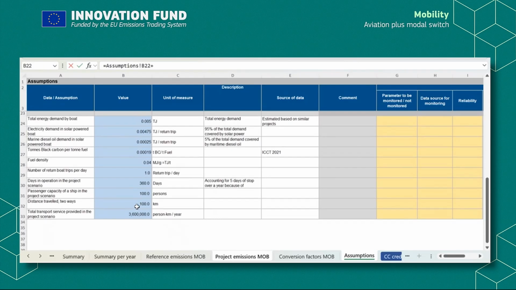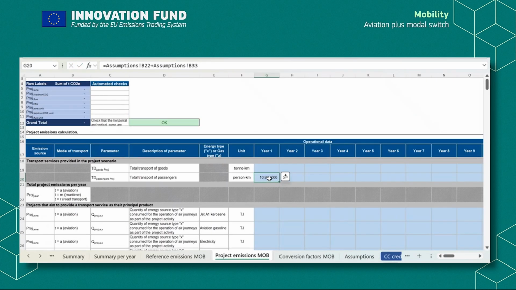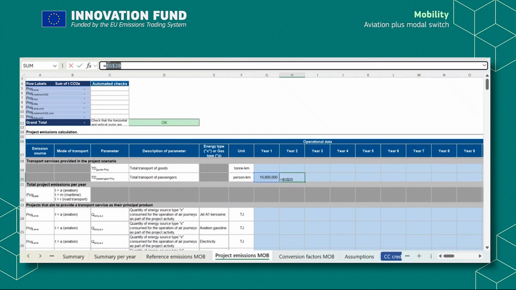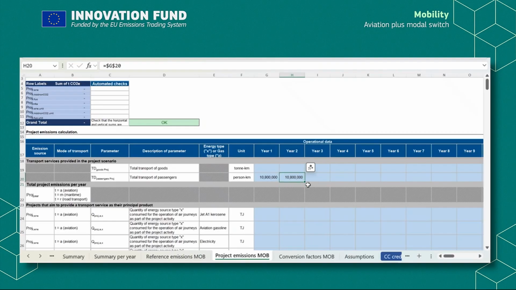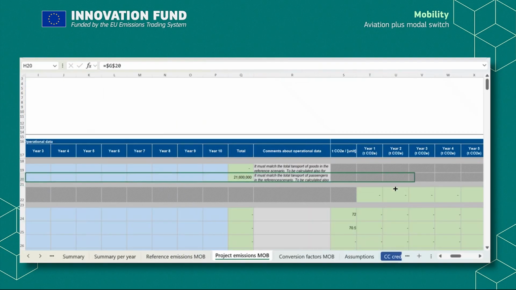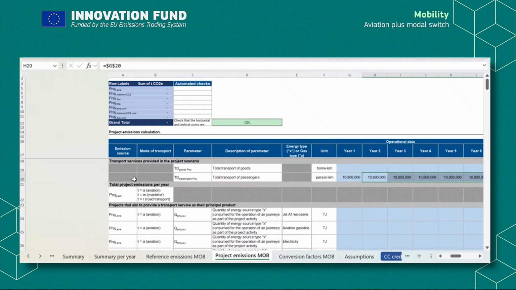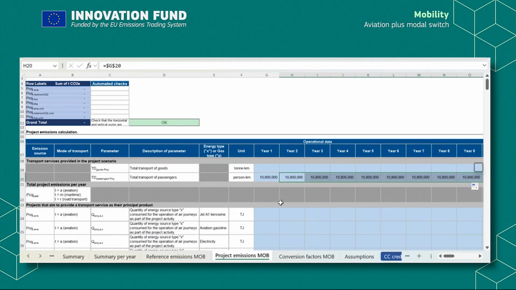In the project scenario, part of these services will be delivered by the 2 round-trip flights, which I have calculated in row 22. To compensate for the reduced number of journeys, the other part will be delivered by solar-powered boat, as indicated in row 33. I will again assume a constant volume of passengers over the years.